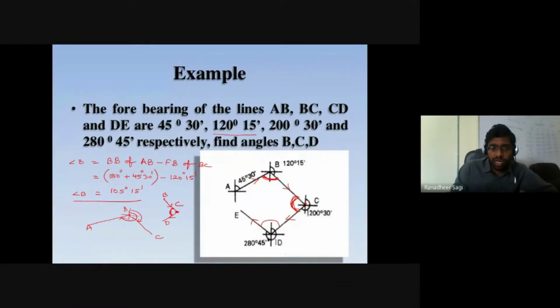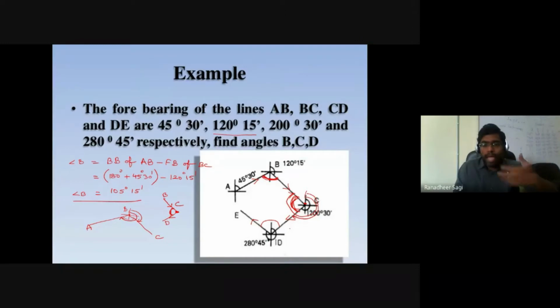So once I know the back bearing of your line BC, measured from north, and for the line CD, which is in the traverse direction, the bearing from the north is what we call your forebearing.